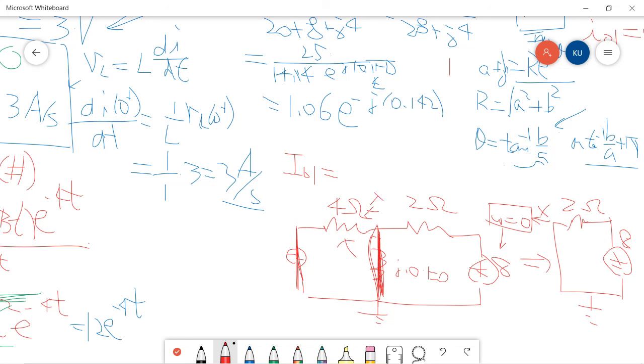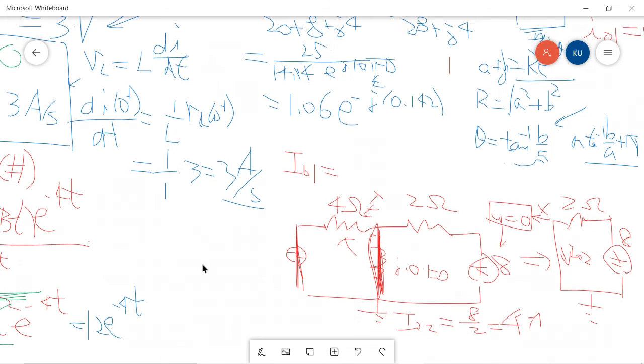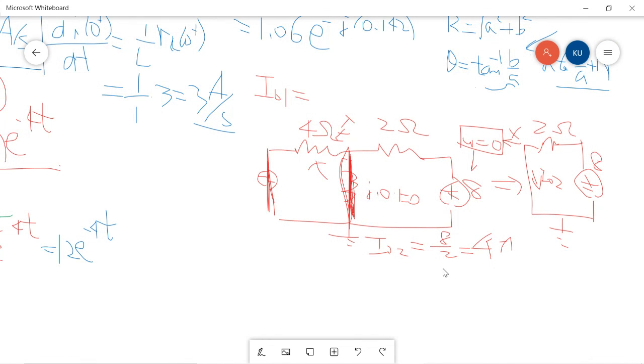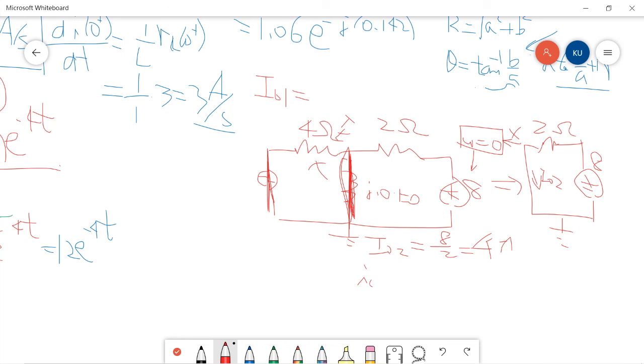And this is actually I02. So I02 is 8 over 2, which is 4A. So this phasor is 4A, and I02 is also 4A because the frequency is 0.